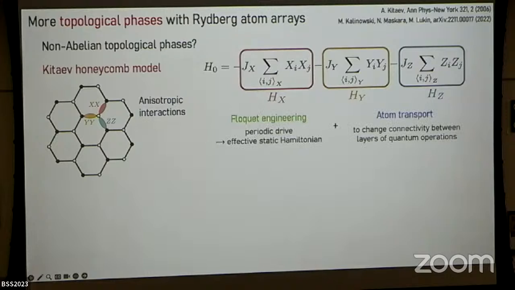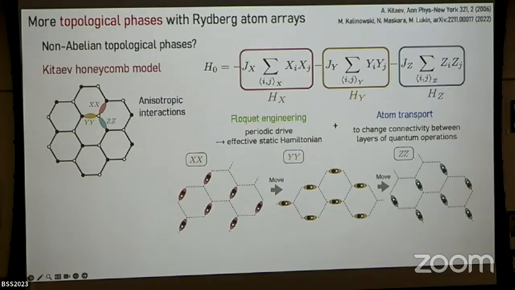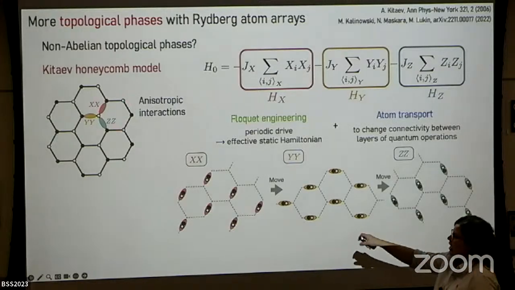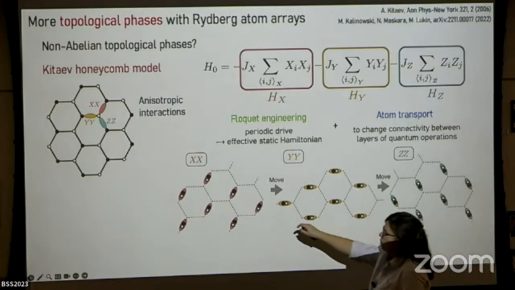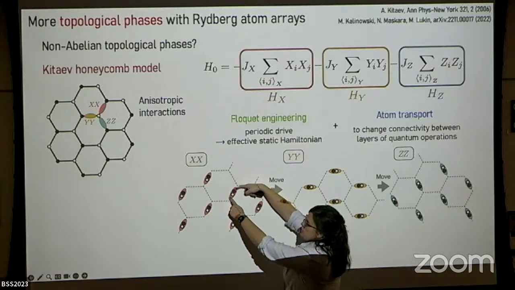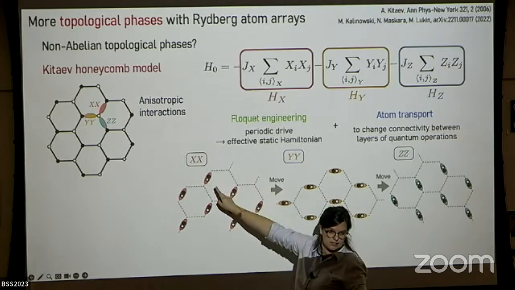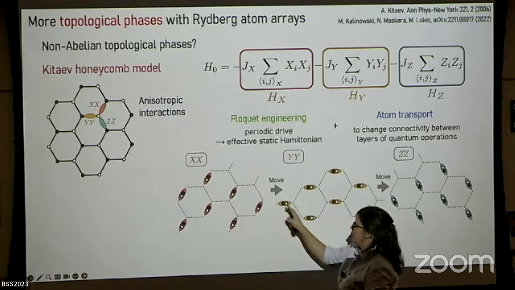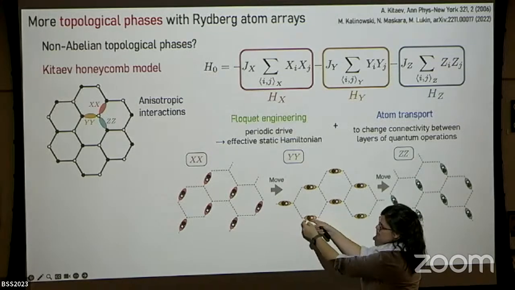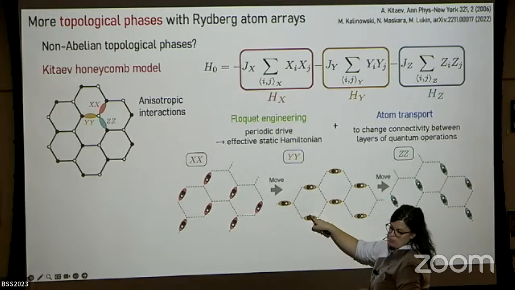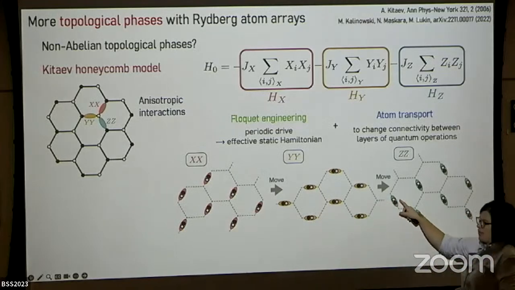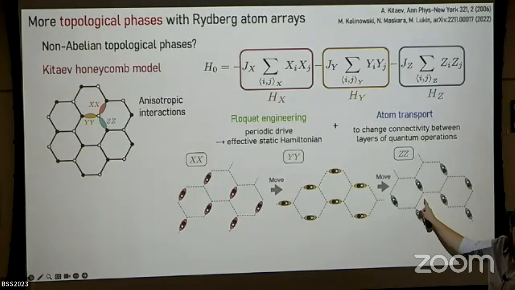So the idea here is, what if we have this lattice and we do this sequence? We take the two atoms here, we put them close to each other so that they interact, and we perform XX. Then we move them back and we pair the atoms along this type of bonds and apply YY, and then we move them again along this bond and apply ZZ.